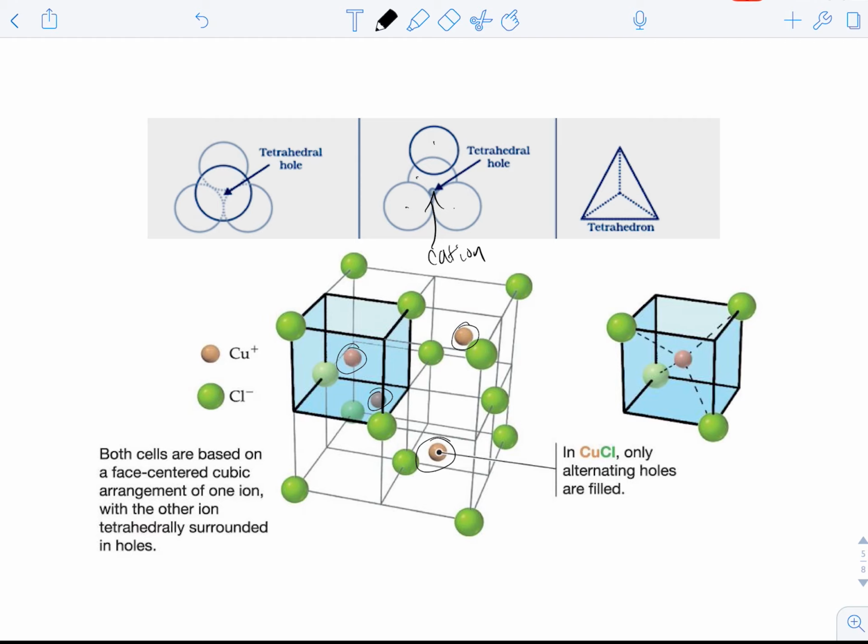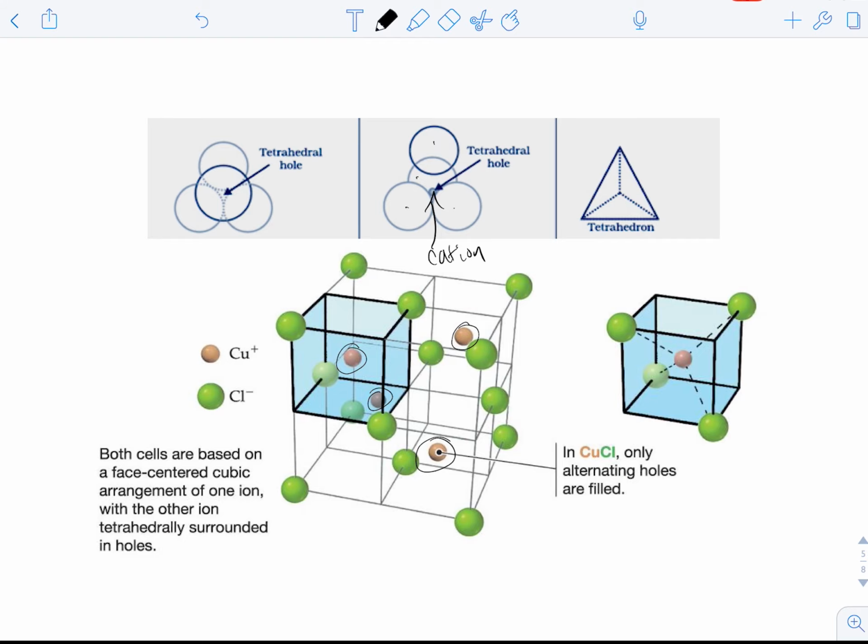The other 4 are unfilled, so it just depends on your ratio of cation to anion number, your empirical formula. Your radius ratio will tell you what type of cation hole you will put your cations in, and then your empirical formula will tell you how many of those cation holes are filled with cations.